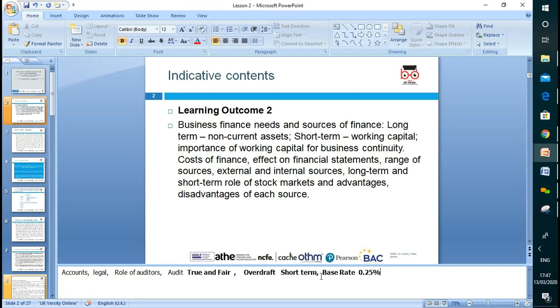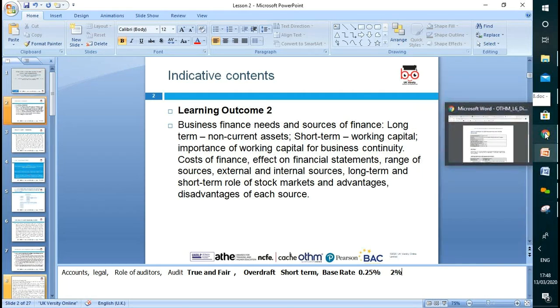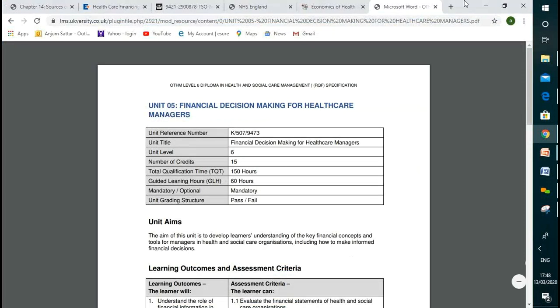The base rate has now dropped to 0.25%, which is quite low. Its impact is on borrowing: depending on your credit scoring, you may be able to borrow money at a 2% interest rate. All this we will discuss, along with the short-term and long-term advantages and disadvantages of different sources of finance.